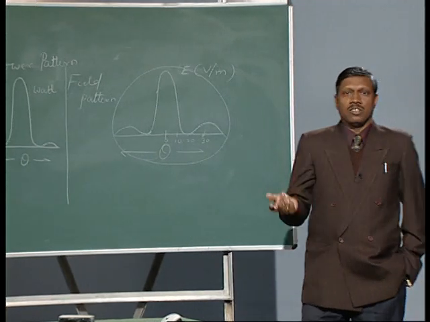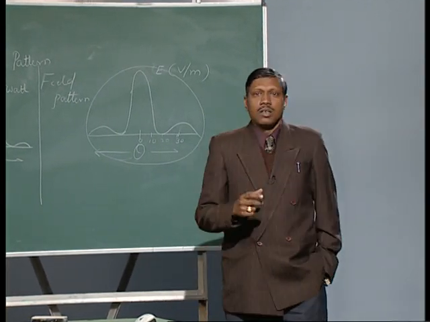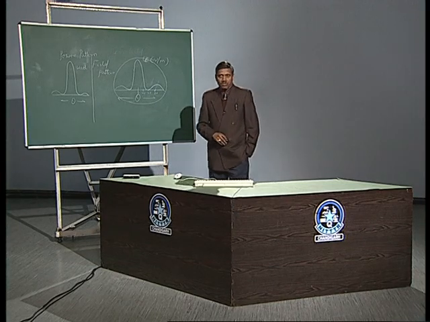So, if you see here, the radiation pattern is nothing but how the signal which is getting released from the antenna is distributed in the surroundings or the regions having the influence or effect of the antenna. It is the graphical distribution of the radiated field or the power, as the case may be, with respect to the spatial angle, specifically when we talk about the far field region, the region which is far from the antenna.